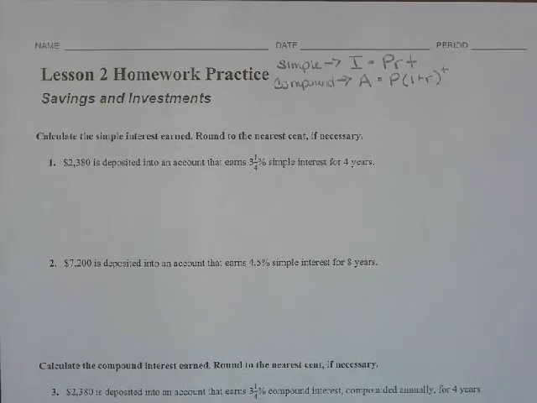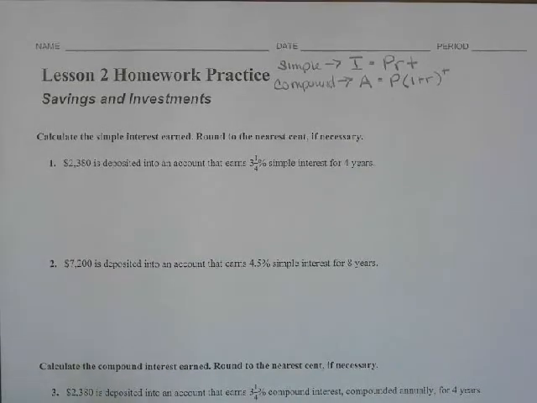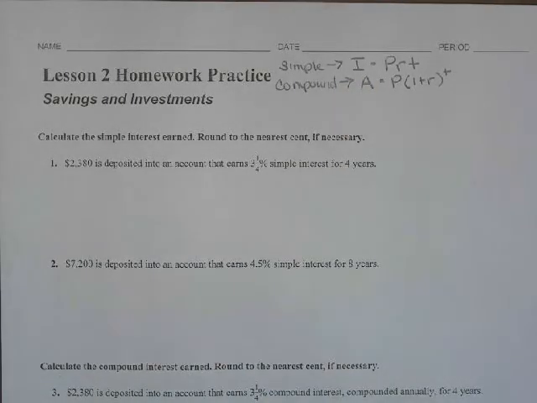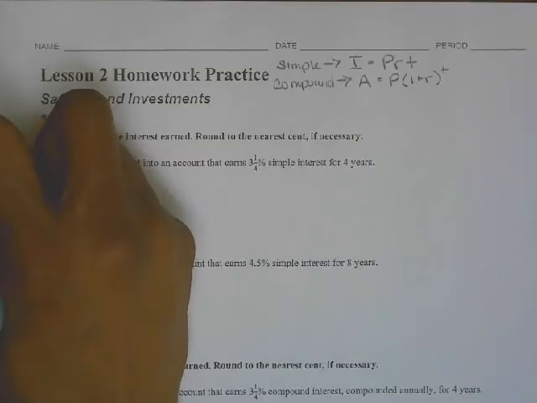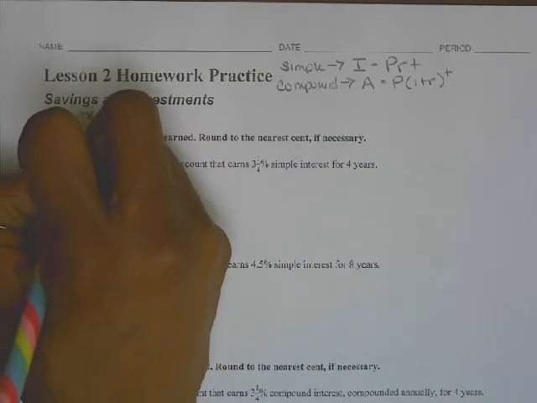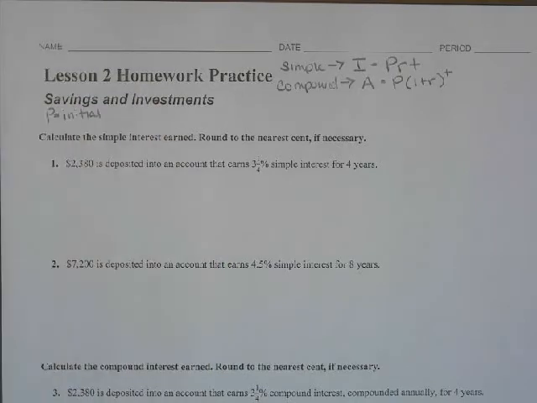Okay, so let's talk about what these letters mean because they're a little bit different than what we worked with before. So when I'm talking about my interest, again, that I is going to be your amount of interest. That capital P, that's your initial amount. Okay, what am I starting with?